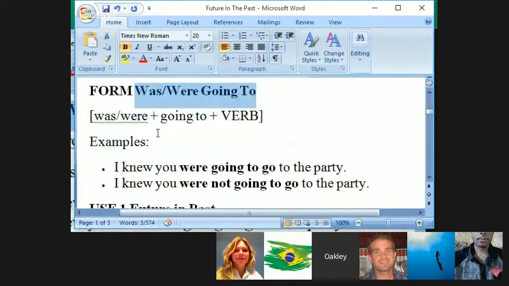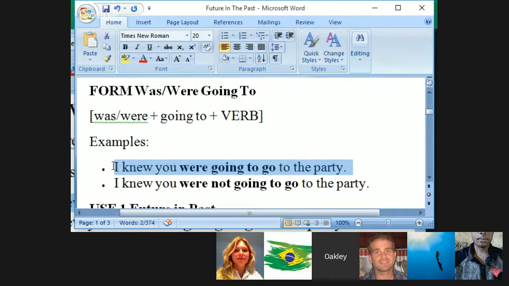Okay, this construction was or were going to, was or were, of course, depending on I was, he was, she was, it was, or the plurals, they were, we were, you were. The combination, auxiliary going to plus your main verb. So basically the same construction.